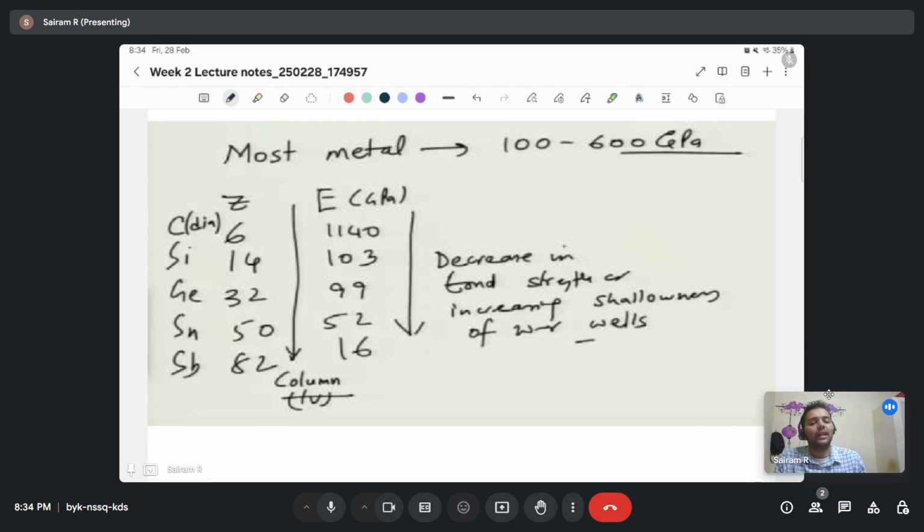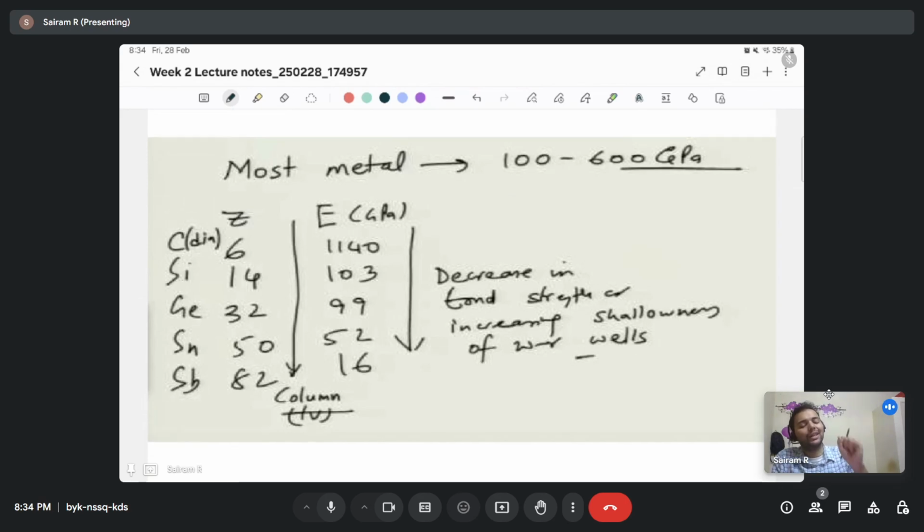In the case of very large atoms, the outermost electron is shielded from the nucleus by the innermost shells, which are extremely attracted to the nucleus, and the power that the nucleus can exert on the outermost shell becomes lower. So E decreases down the periodic table.